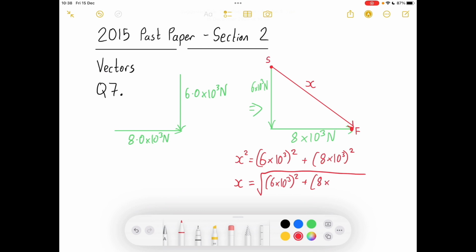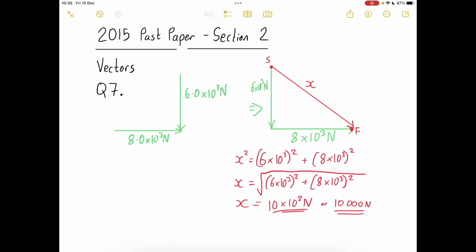And when you put this into your calculator, you will get the size of the force to be 10 times 10 to the 3 newtons, or 10,000 newtons. That's absolutely fine.